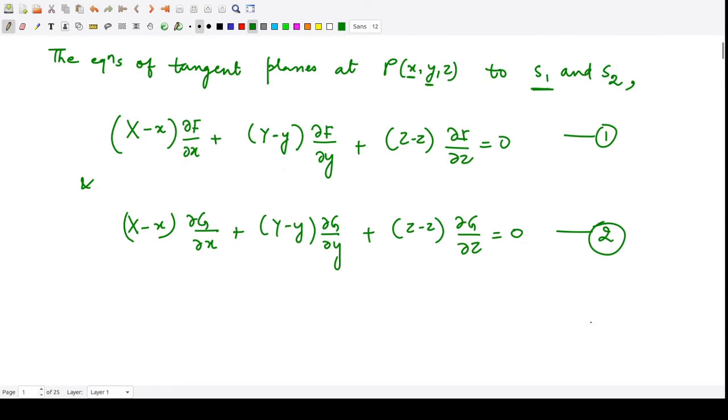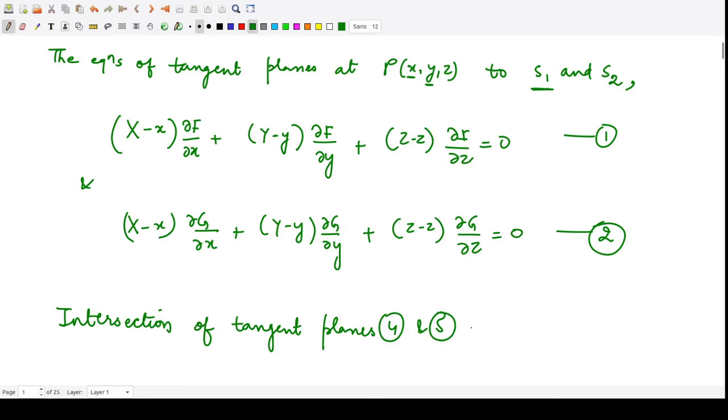So now if we calculate the intersection of these two tangent planes at the point P(x, y, z), that would be the equation of the tangent line.